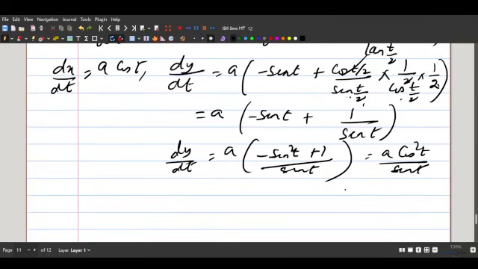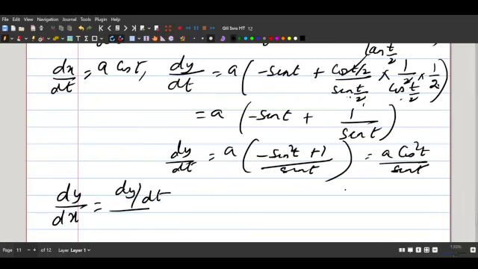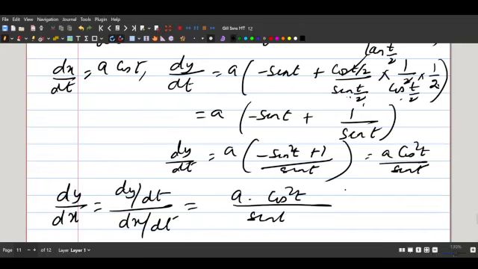Now, since we have to find the double derivative, because the single derivative is dy by dx and the double derivative is d square y upon dx square, first of all we'll calculate dy upon dx. How? Divide dy by dt by dx by dt. dy by dt we have obtained as a into cos square t divided by sin t.